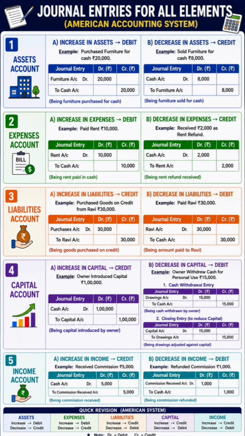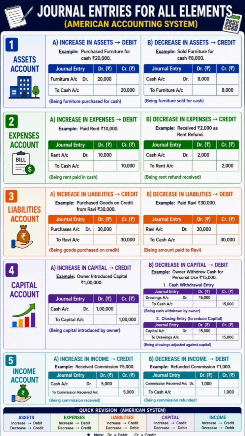When it comes to asset account, increase should be debited, decrease should be credited. Expenses, increase you are debiting, decrease you are crediting. Liabilities, increase you are crediting, decrease you are debiting. Capital, increase you are crediting, decrease you are debiting.